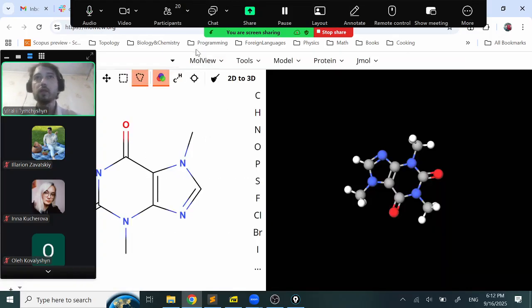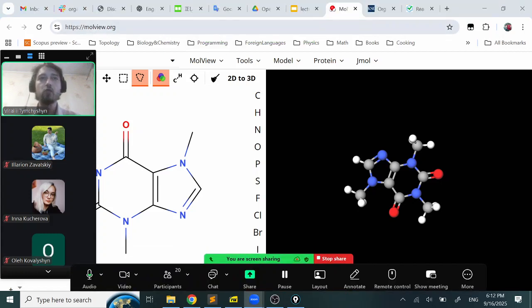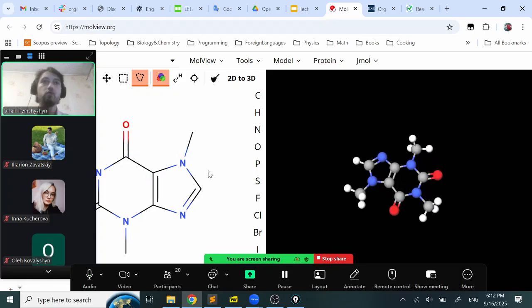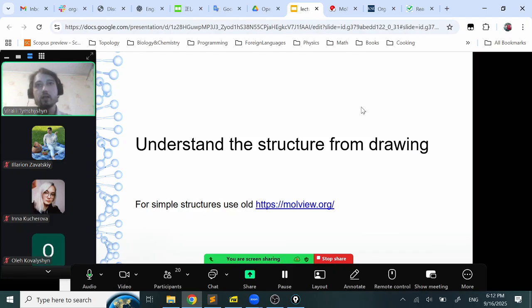Okay, so I already gave you this link. Here is a program that estimates the 3D structure of the molecule that we draw. It's a really crude estimate, because to get something better you need to perform quantum mechanical computations.